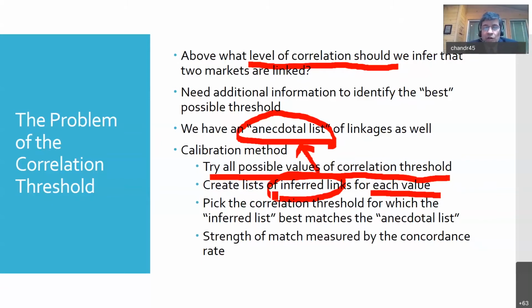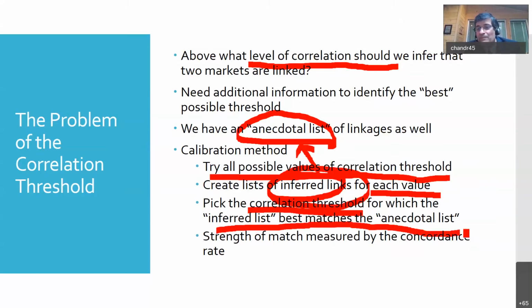And we're going to find that one of the correlation thresholds generates an inferred list that best matches our anecdotal list. It's not going to be the same, because our information on price correlations is going to give us pairs that are not on the anecdotal list, and the anecdotal list is always going to have some pairs that are not on our inferred list. But there are ways to calculate this.